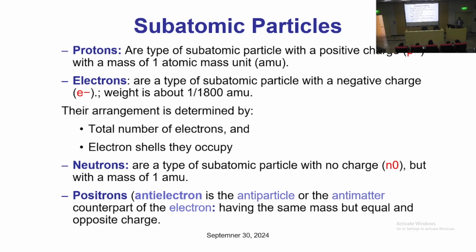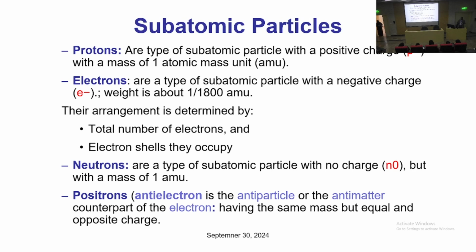The protons in general are a type of subatomic particle which has a positive charge. The symbol for the proton is P plus. Protons are usually found within the nucleus of the atom, and they have a bigger mass of 1 atomic mass unit.